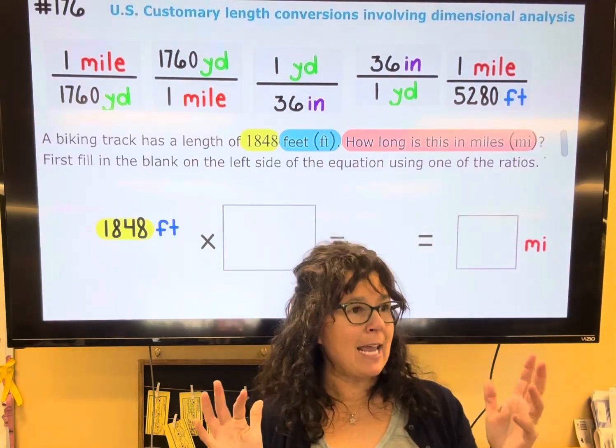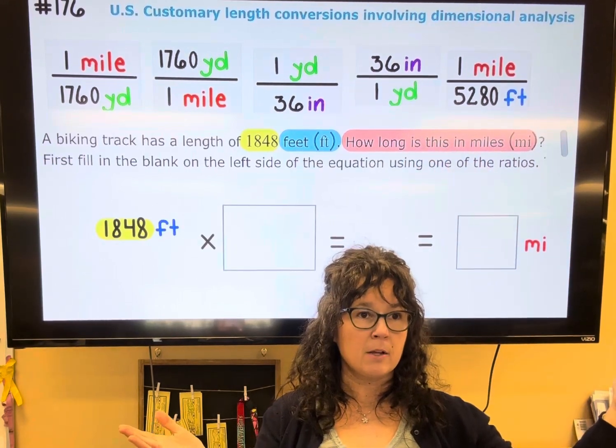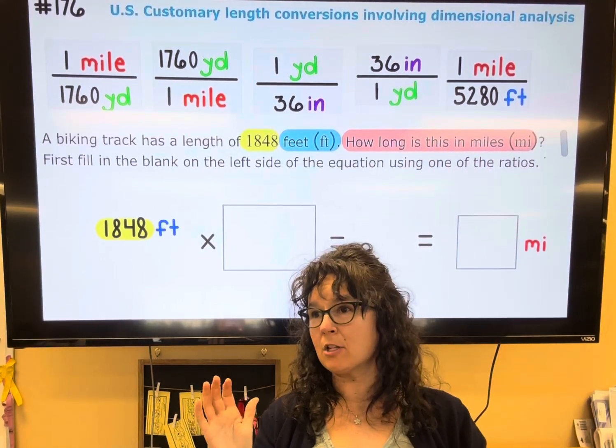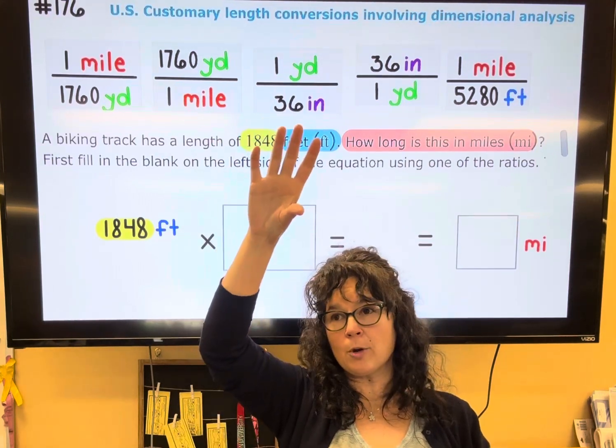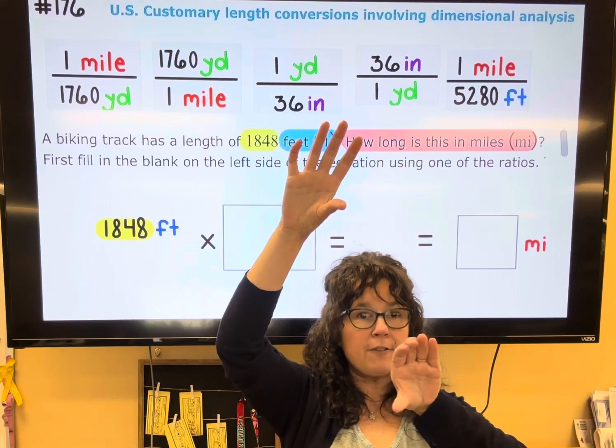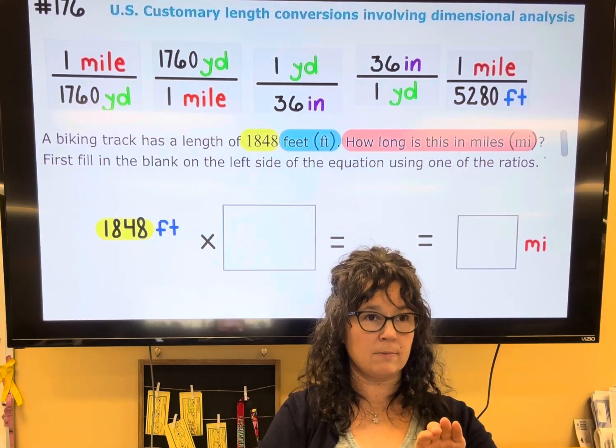Just like numbers cancel, like 5/10 becomes 1/2, labels cancel as well. If you have the label feet in the numerator and the label feet in the denominator, then those labels can cancel.